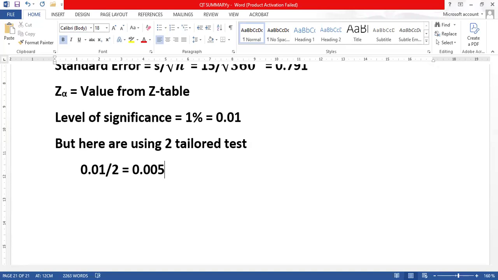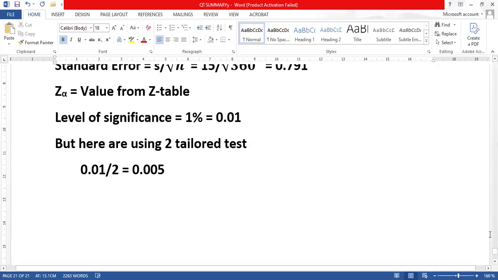So that is the value after dividing by 2. If you are using the Z test, always listen to what I tell you, it will help you. There is another step that you're going to do, because you want to use the value from the table.